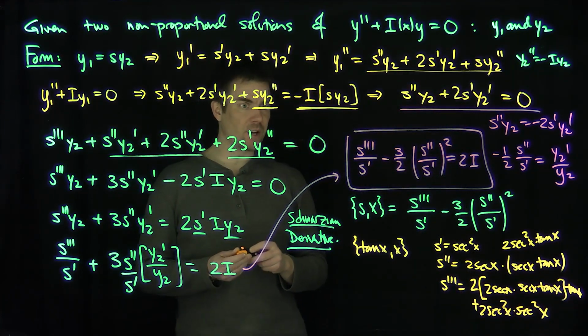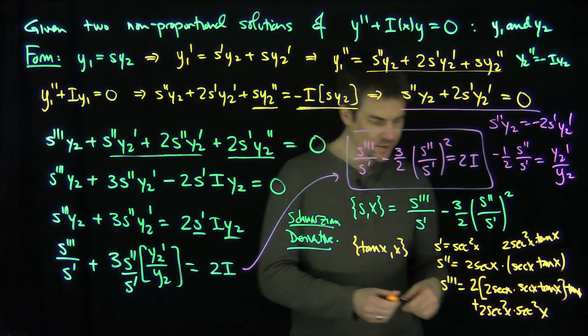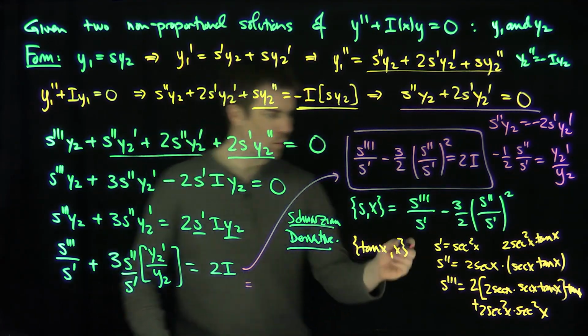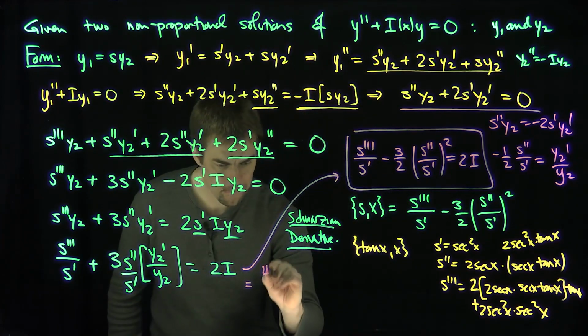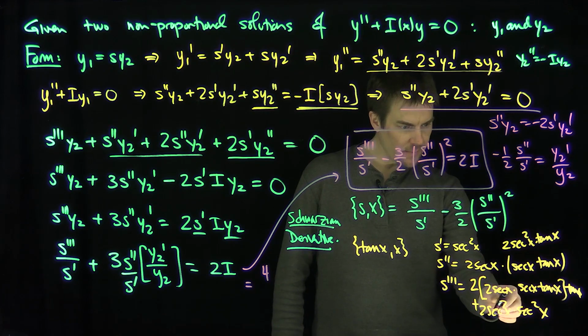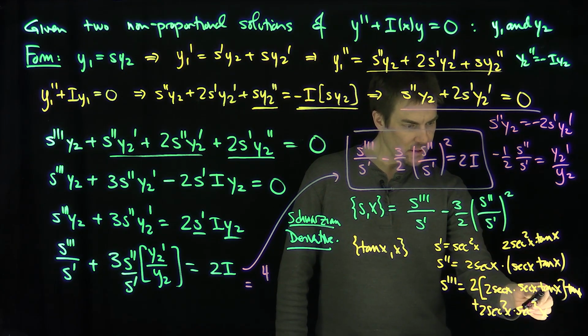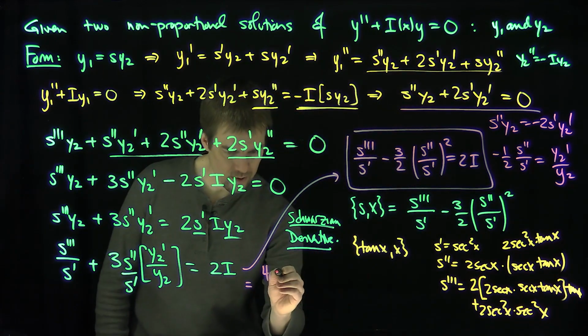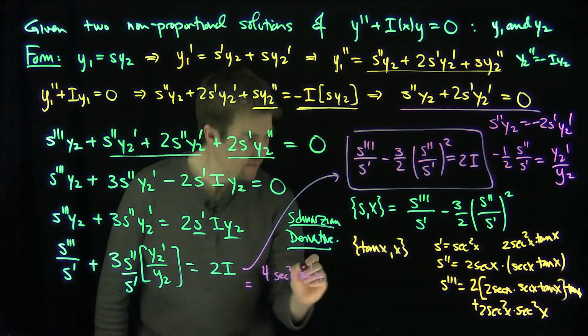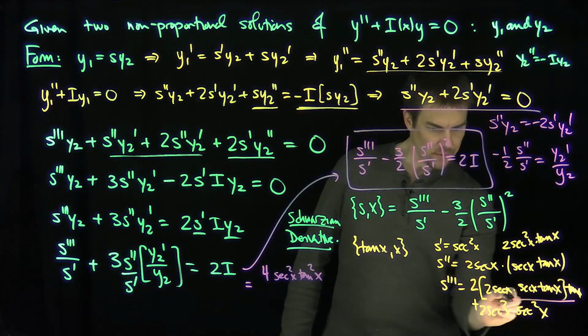So now I have all the terms that we need over here. So let's look at the ratio. So what is the third derivative over the first derivative? The third derivative is going to be this quantity over here. So there's a 4, then secant squared, tangent squared of x from this first term over here.